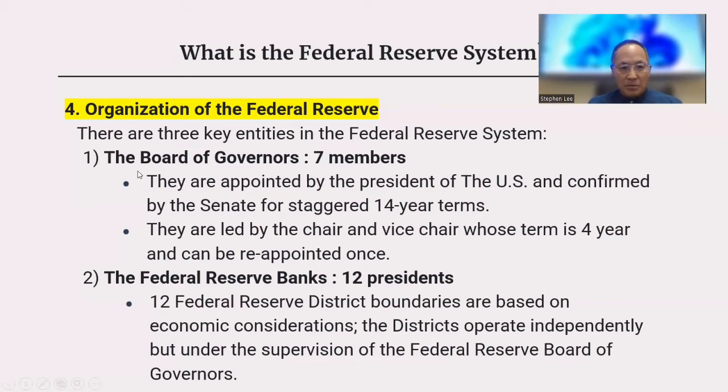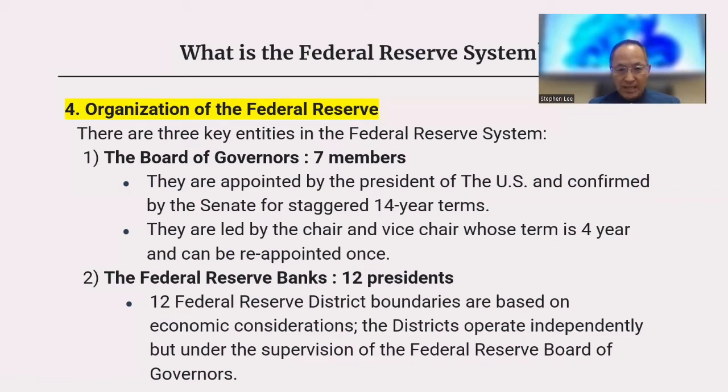Okay, first, as we said, the first organization in the Federal Reserve System is the Board of Governors, the 7 members. This is important because this is a federal government agency, right? These 7 members are appointed by the President of the US and confirmed by the Senate for a staggered 14-year term.